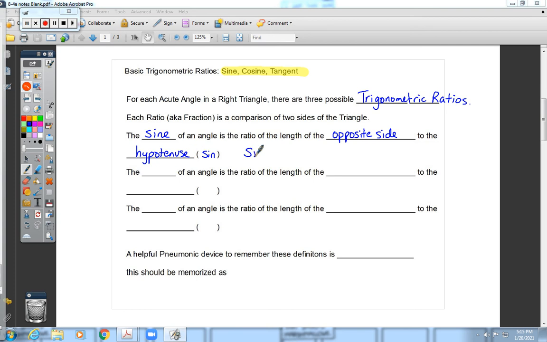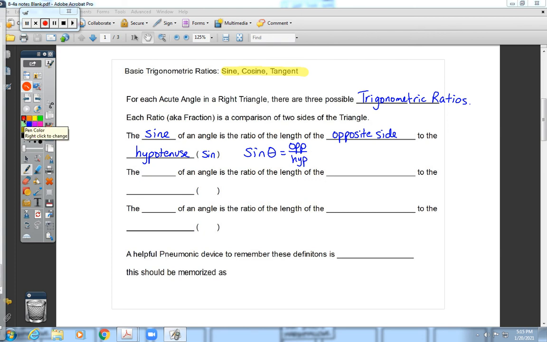Notationally, that looks like sine of an unknown angle. This Greek letter theta is used to represent an unknown angle. It's just a variable. So if theta bothers you, replace it with an x. It doesn't make any difference. The sine of the angle is equal to the ratio of opposite to hypotenuse.